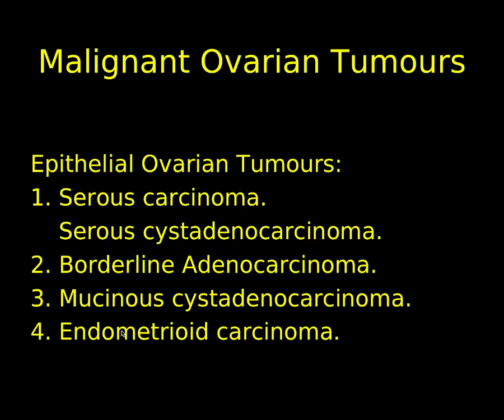Endometrioid carcinomas can arise in endometriotic remnants, that is, remnants of endometriosis, and they can also arise in association with endometrial carcinoma in the uterus.